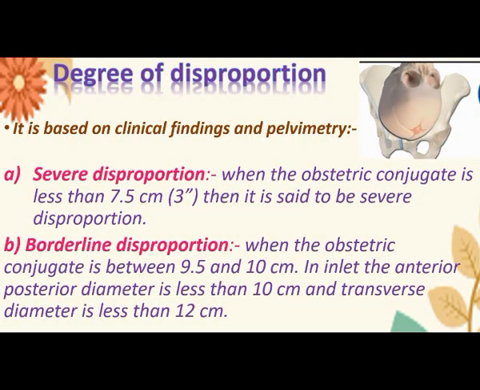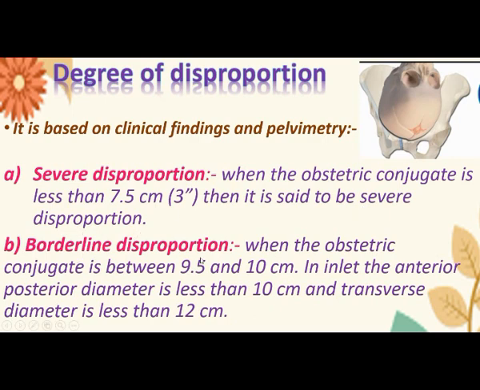We can see the degree of disproportion. It is based on the clinical finding and the pelvimetry. First, severe disproportion: when the obstetrical conjugate is less than 7.5 cm or 3 inches, then it is said to be severe disproportion.